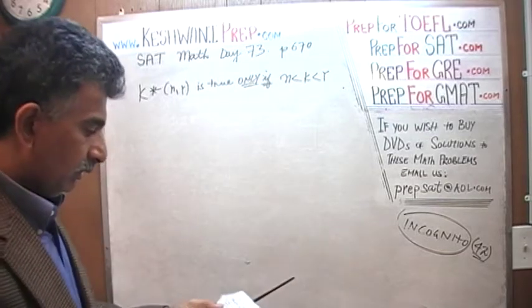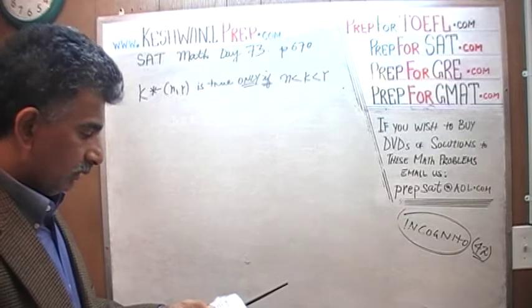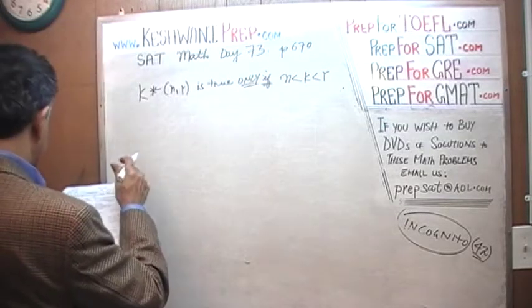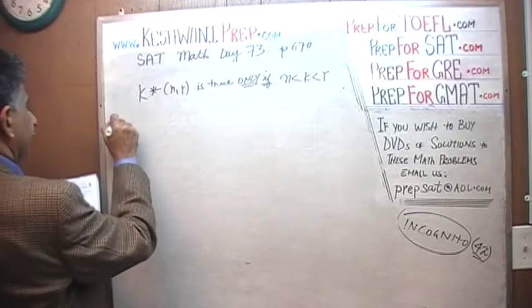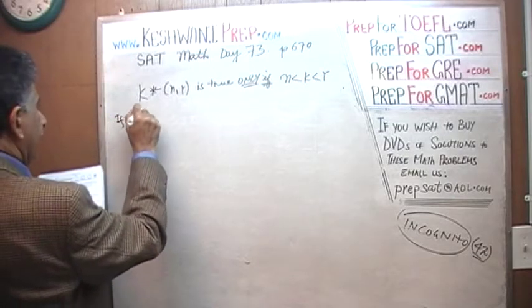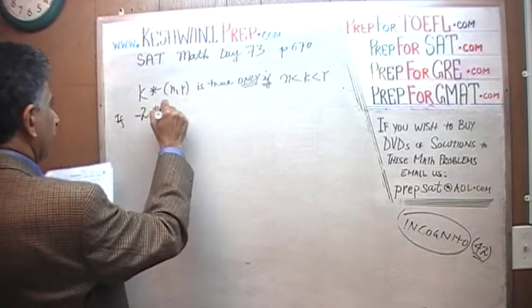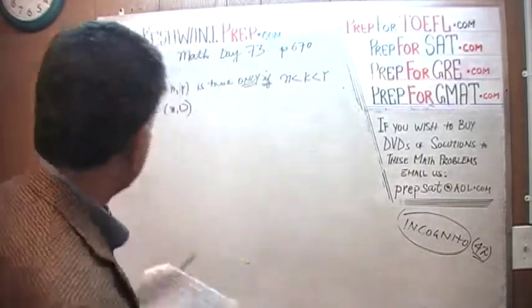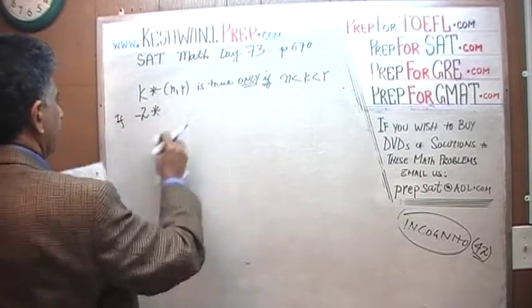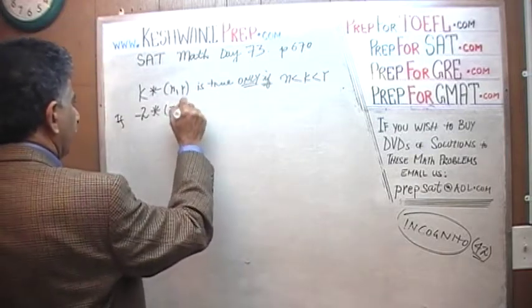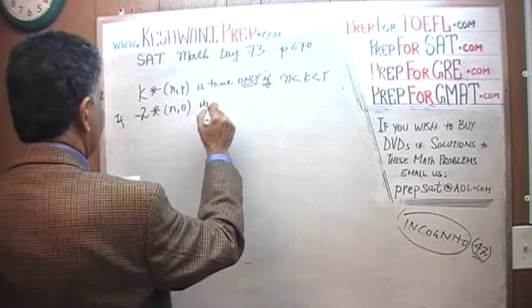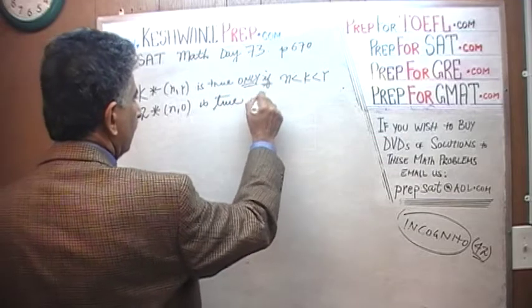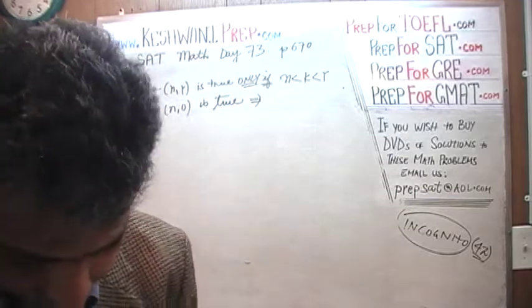We are told that if negative 2, this black box, and 0 is true, then what would that imply? Let's think about it.